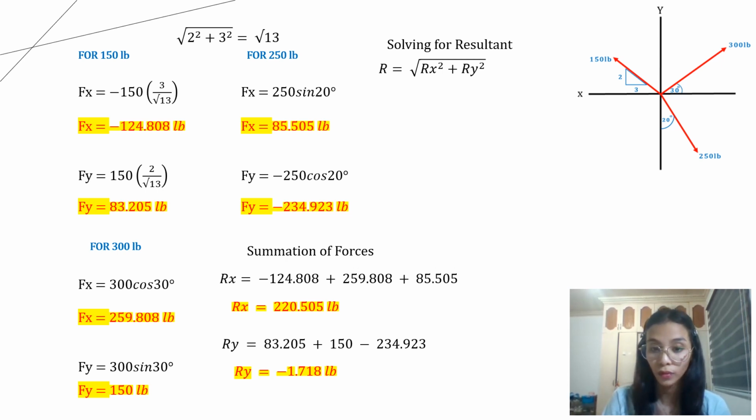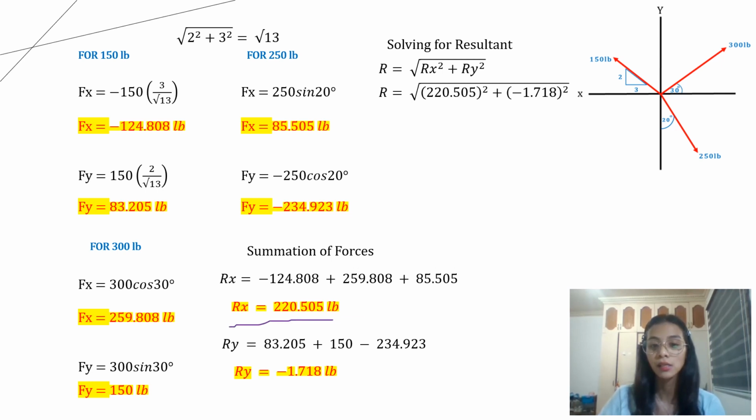So 220.505 squared plus our Ry, 1.718 squared. So the answer is 220.512 pounds.